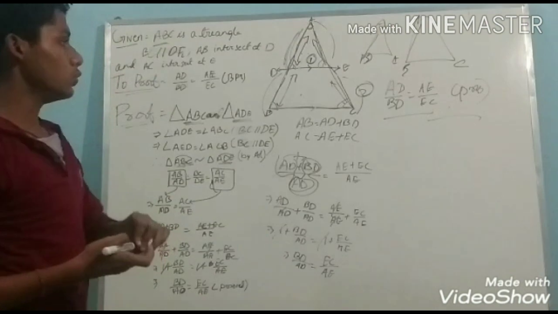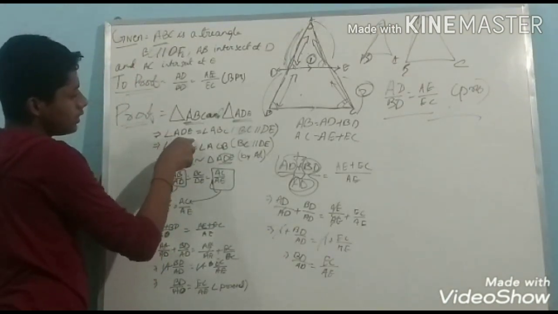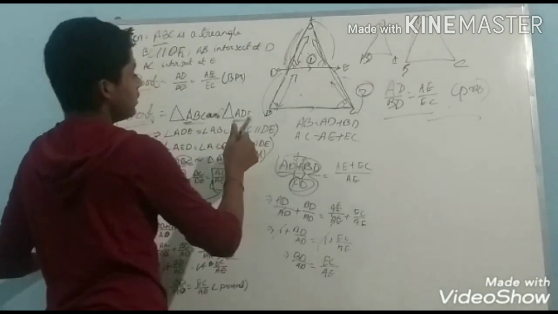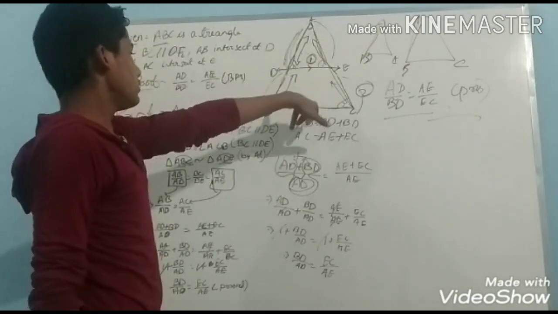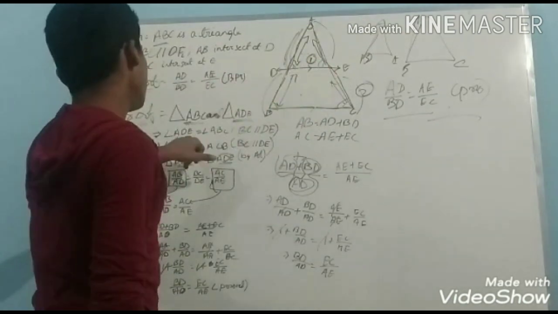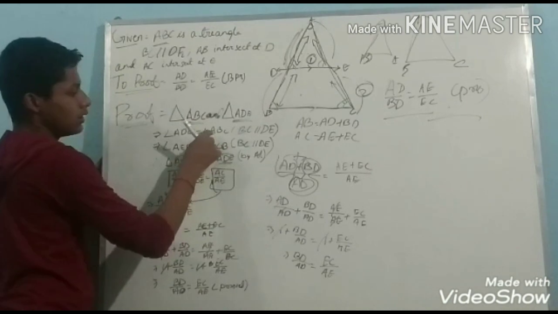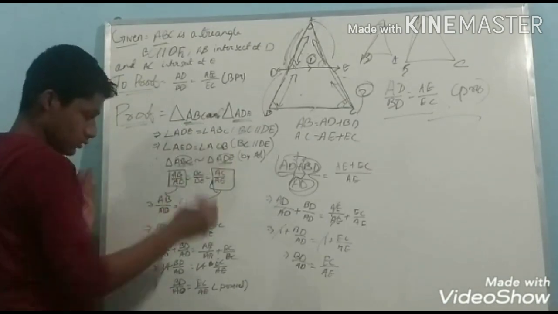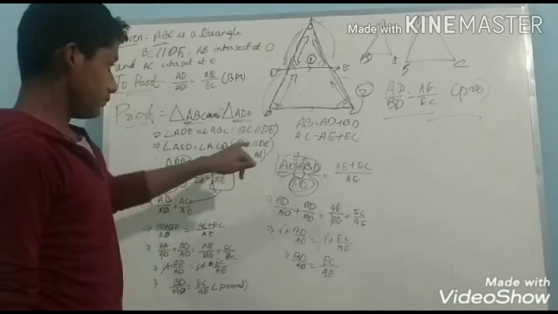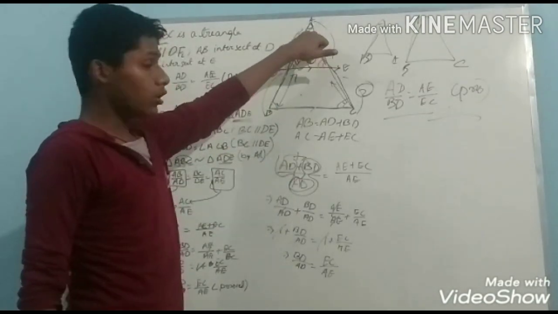As you can see, I have written angle ADE equal to angle ABC because BC is parallel to DE. Angle AED is equal to angle ACB for the same reason, BC is parallel to DE, and angle A is common.